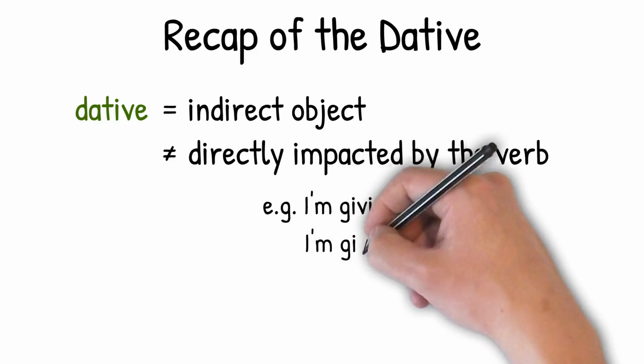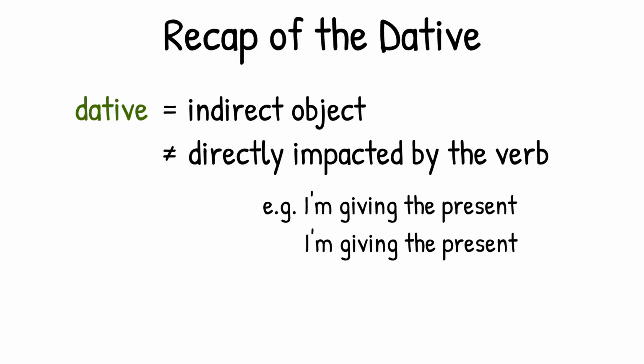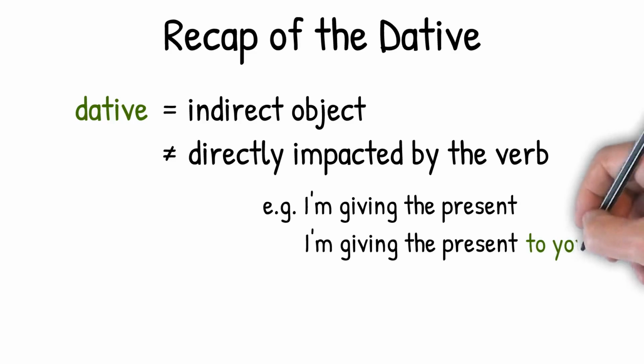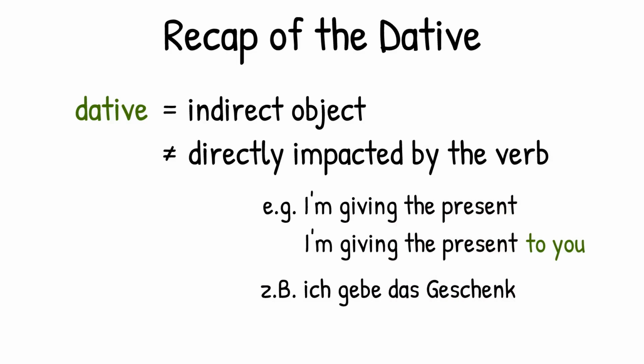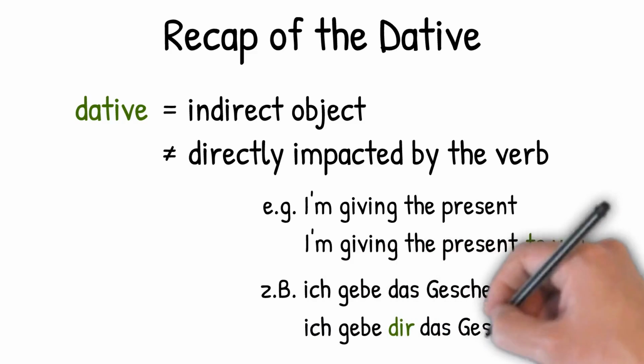We need something that is indirectly affected by the verb. So if we add to you, I'm giving the present to you, then you are affected by the verb giving, but only indirectly. You are not being given. It's the same thing in German. Ich gebe das Geschenk. I'm giving the present. Or ich gebe dir das Geschenk.